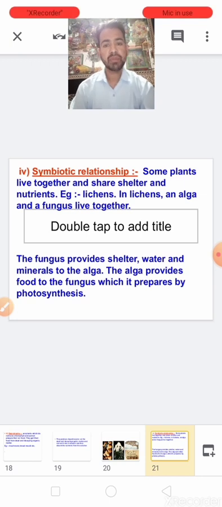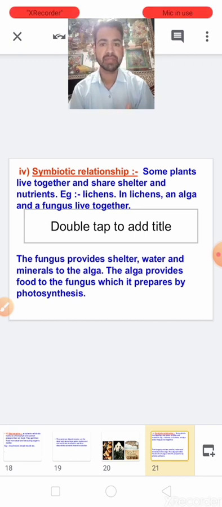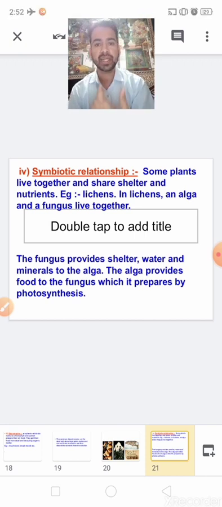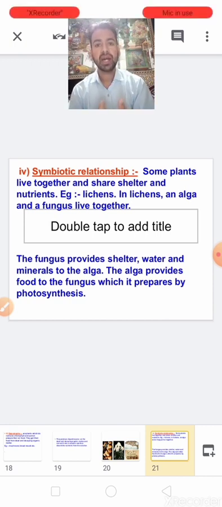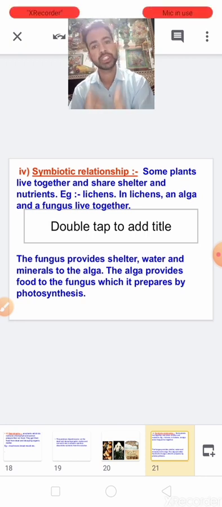Okay, the word symbiotic is very important for us. Students, listen to me very carefully. Symbiotic means if two organisms are living together and both provide benefit to each other, that is a symbiotic relationship.